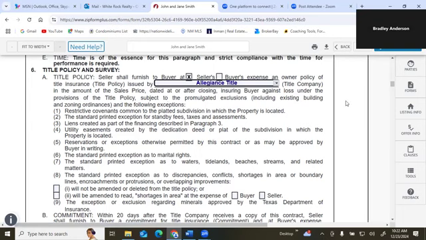Right. And it then goes on to say, these are the exceptions that we're not going to insure. These basically fall under the heading of things that the title company can't control anyway: deed restrictions, easements, anything that is governed by a higher power, if you will.